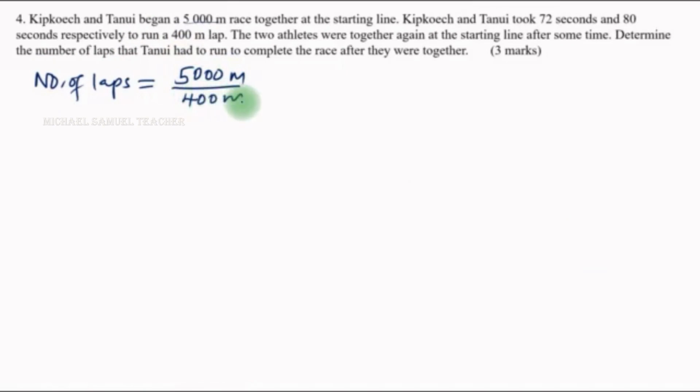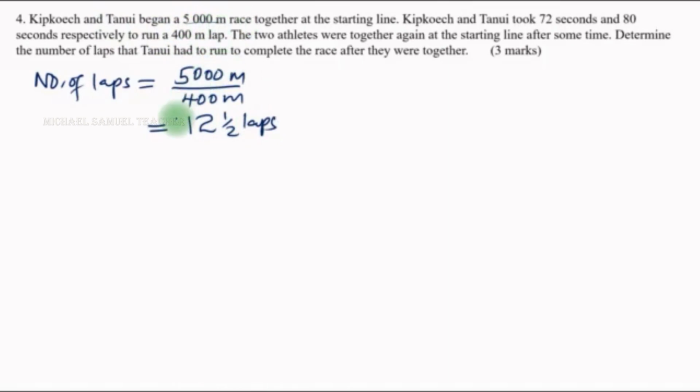So here we shall end up getting 12.5 laps. So this is the total laps they have to take after they cover the 5,000 meter race.